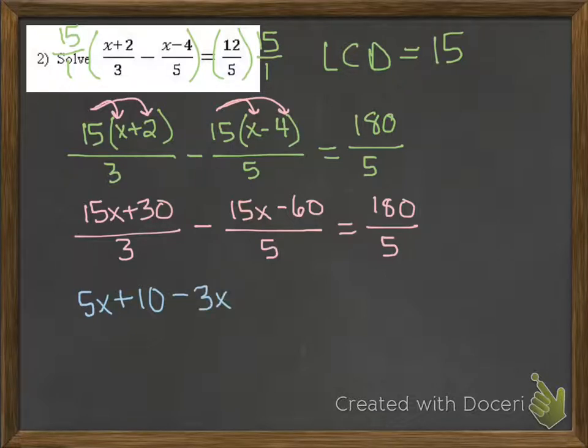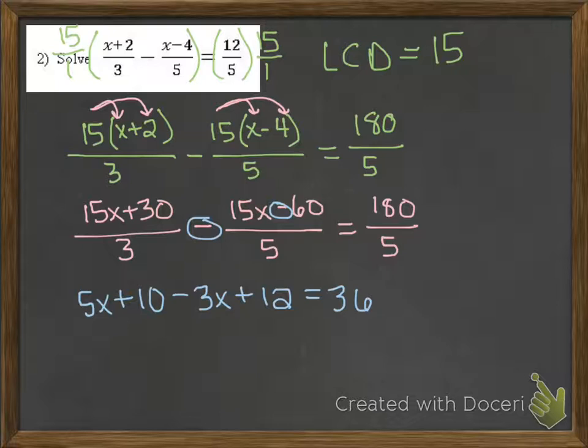When we divide 15x in the next fraction by 5, we get 3x as a result. At this part, we have to be careful because we are subtracting a negative 60, which ends up turning into a positive value. And 60 divided by 5 gives us 12. And then on the other side of the equal sign, we're left with 36.